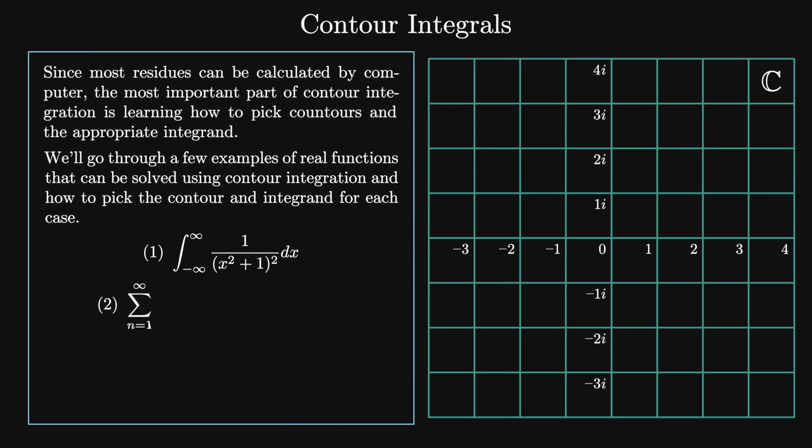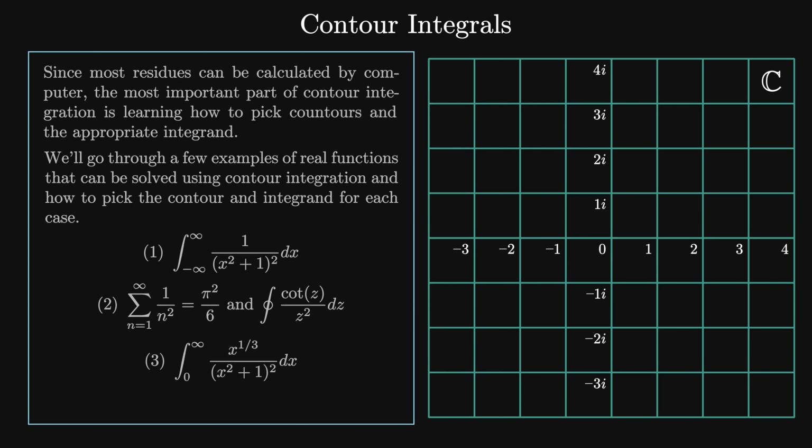Number 2, the sum from n equals 1 to infinity of 1 over n squared equals pi squared on 6, and its surprising relationship with the contour integral of the cotangent of z divided by z squared dz. And 3, the integral from 0 to infinity of x^(1/3) divided by x squared plus 1 dx.